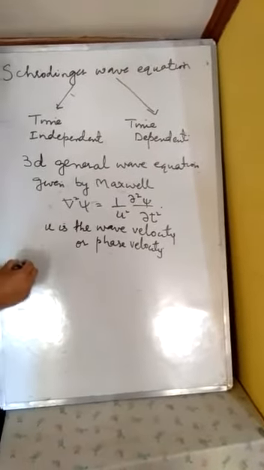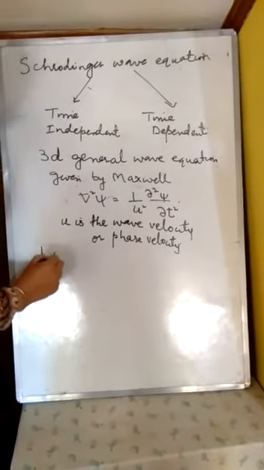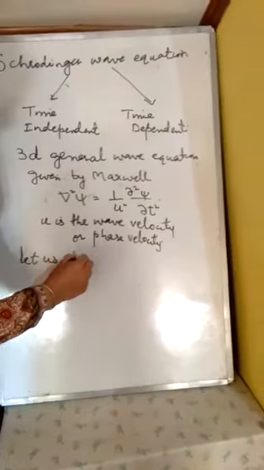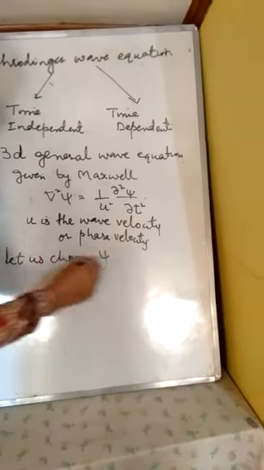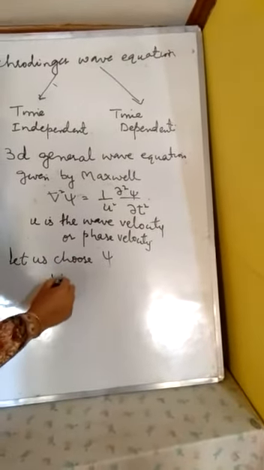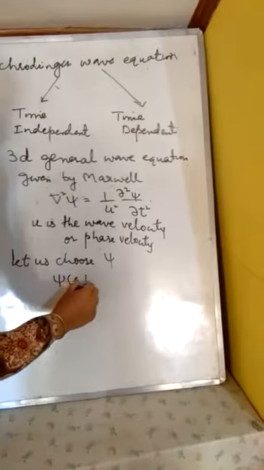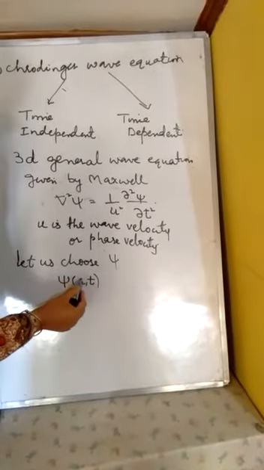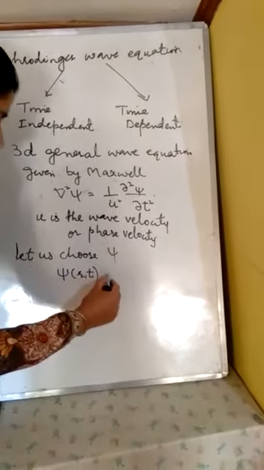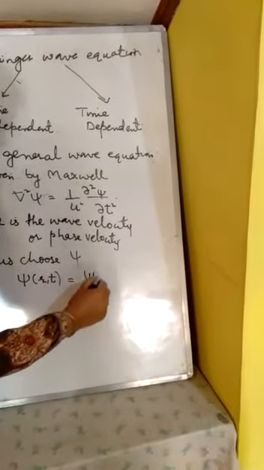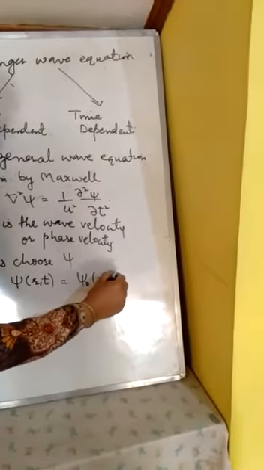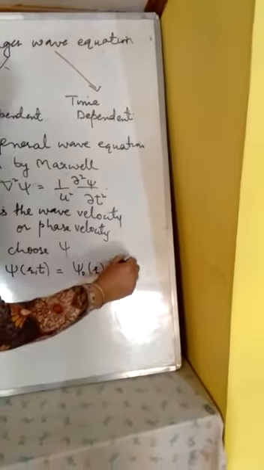So let's choose a wave function now. Psi of r, t, that means we are defining psi at a point in space and time, that's equal to psi naught of r e to the power minus iota omega t.